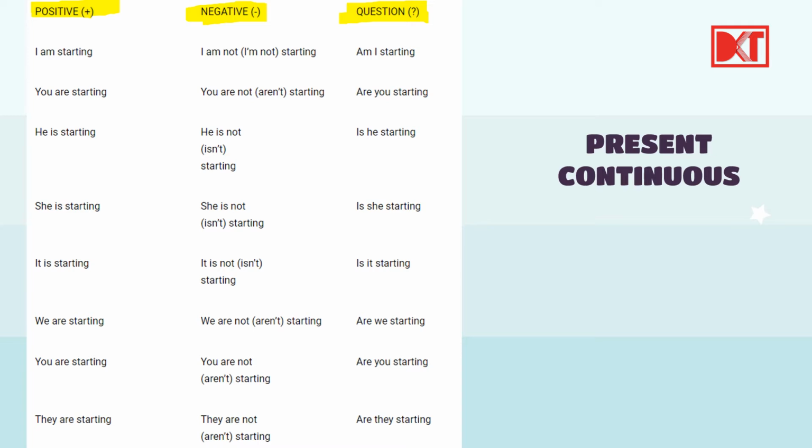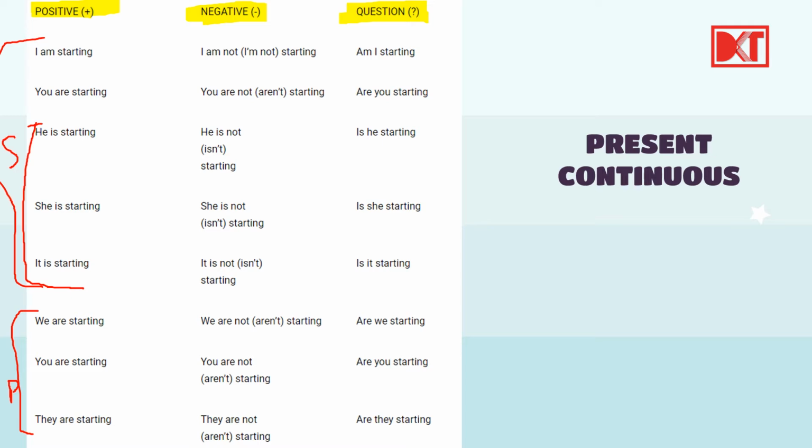So again, this is all singular and this is what? Plural. Right? And this is the third person. First person, second person and the third person. Similarly for plural, first person, second person and third person.